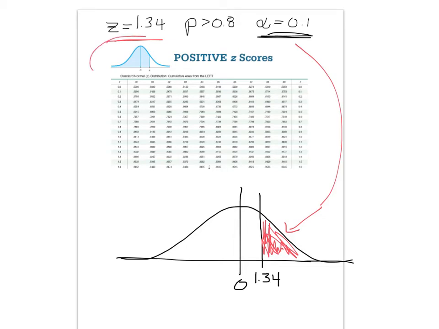Notice how this table is set up is that I would look to the right to find the 0.1. Well, the entire table adds up to 1 or 100%. So what I'm looking for is actually the value in the table that is closest to 0.9.